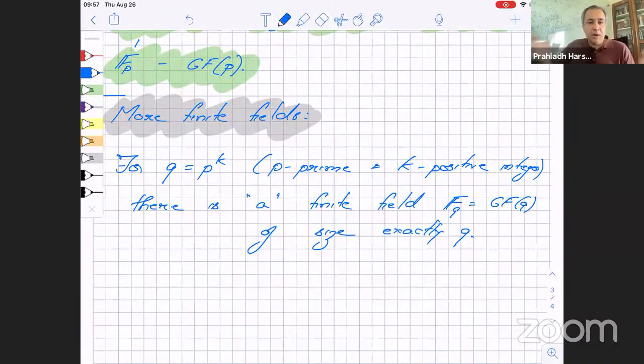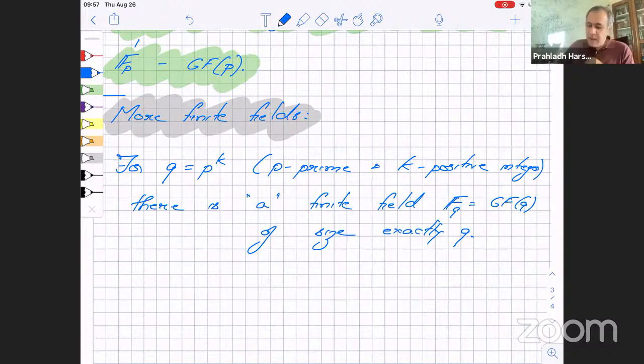So I will give you a description of q elements, which are not going to be integers modulo p to the k. It's going to be a different set of q elements, equipped with addition and multiplication. The additive identity will be 0. The multiplicative identity will be some element in this set, which we'll refer to as 1. And you have both the additive inverses and the multiplicative inverses.